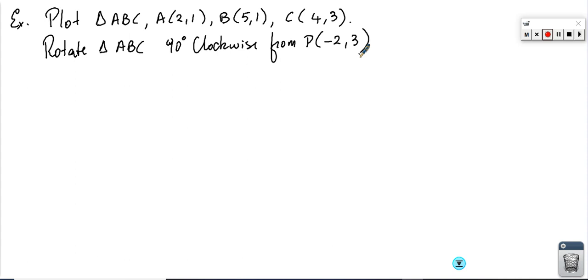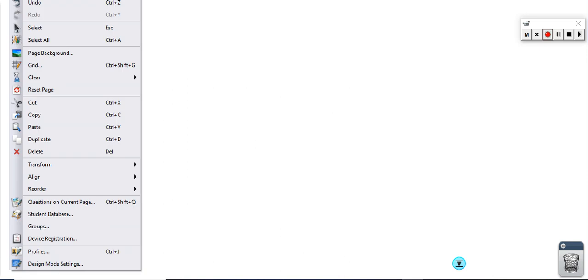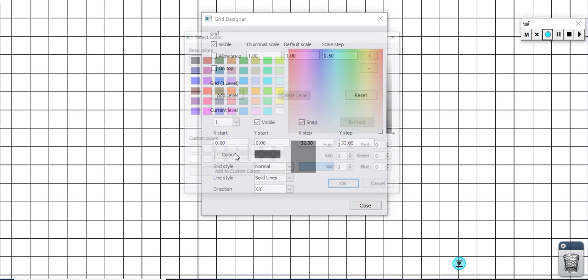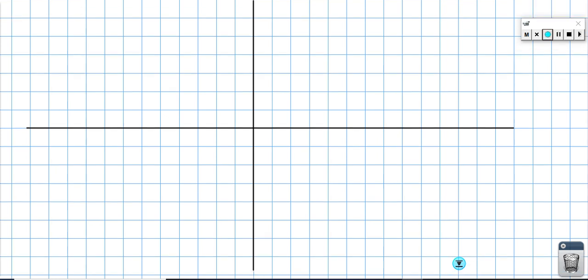So I'm going to plot our triangle first. We have our axes, 1, 2, 3, 4, 5, 6, and negative 1, 2, 3, 4, 5, 6.